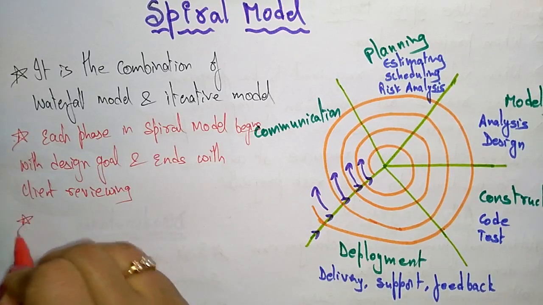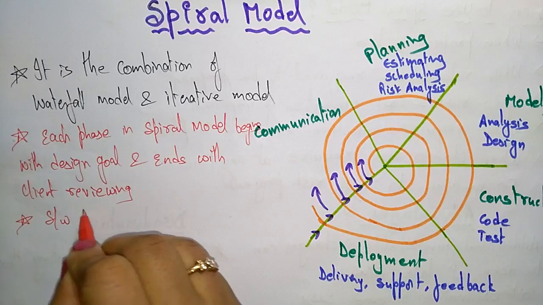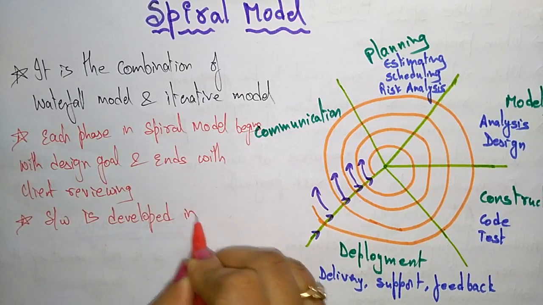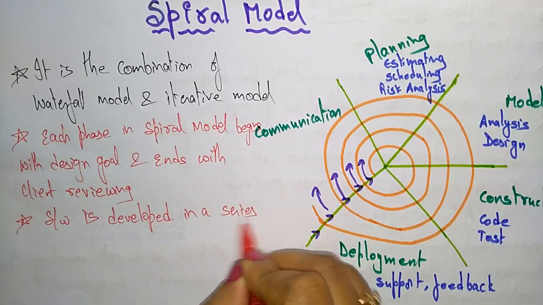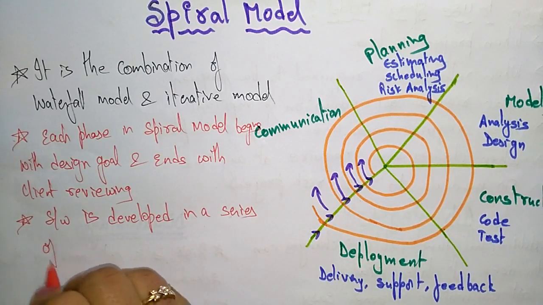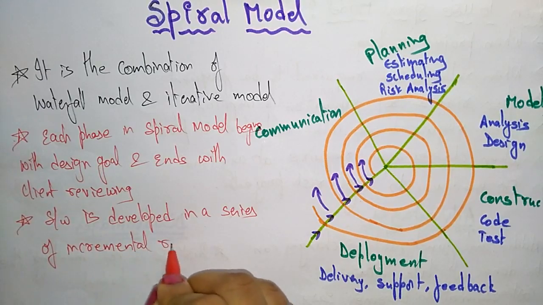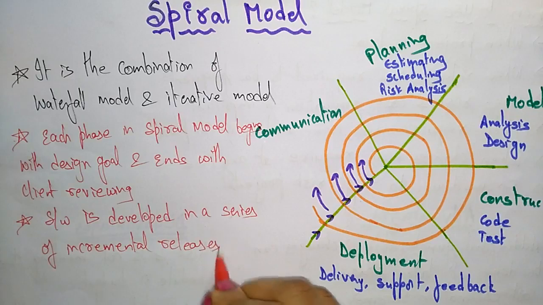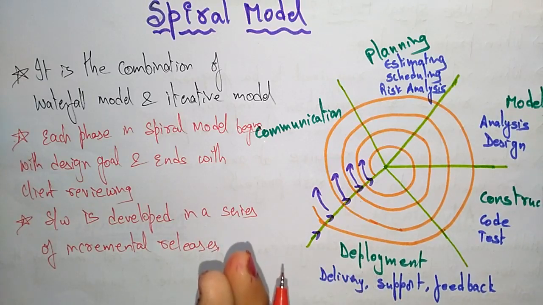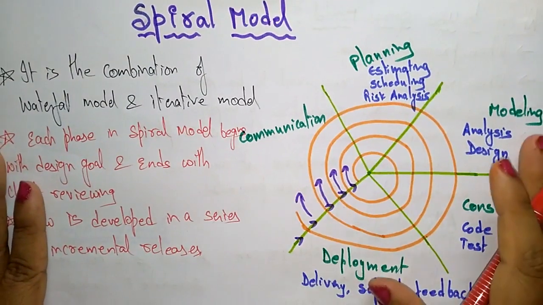The main thing here is that software is developed in a series of incremental releases. A spiral model is divided into framework activities, also called task regions. These are different task regions.